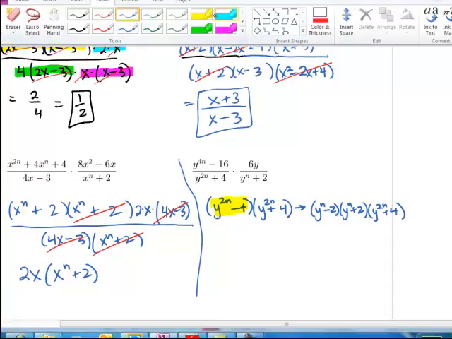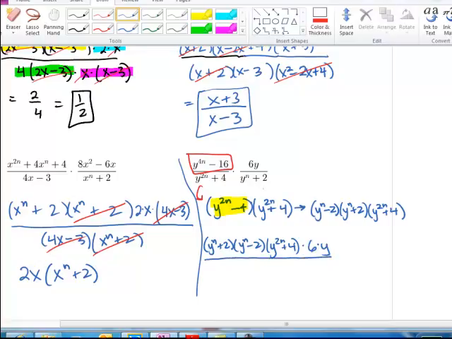So all of this stuff is just that one factor in the numerator. So after we have that factored, let's go back to the overall. So we'll have y to the n plus 2, y to the n minus 2 times y to the 2n plus 4. That's a sum of squares, so we can't factor it. Sums of squares are prime. 6 times y.